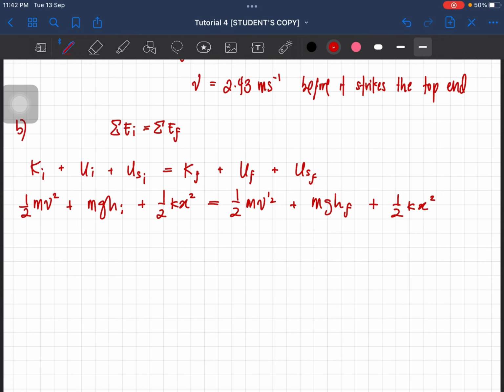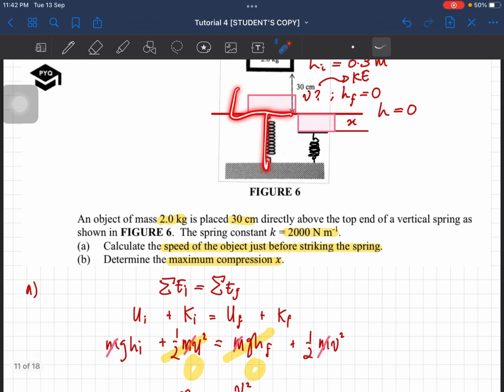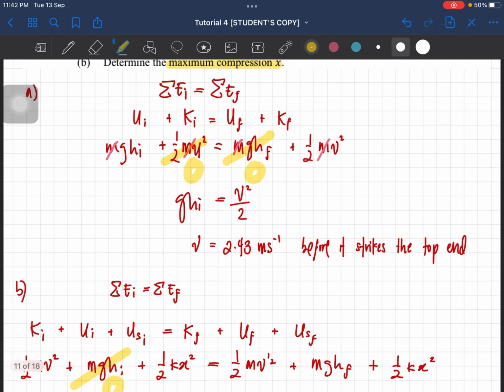Okay, so now let's look at this part here, where it has not yet compressed. Let's look at this first. This is the initial, right? For the initial part, is there any gravitational potential energy? No, because this is at the reference point, so we can say this equals 0.